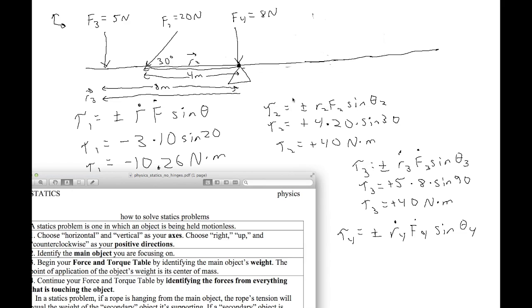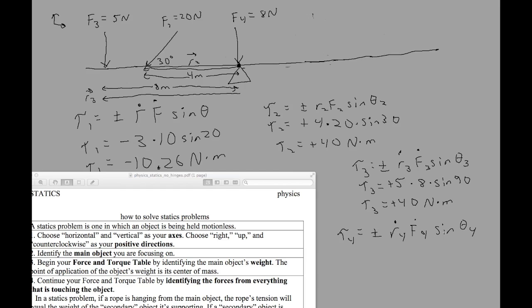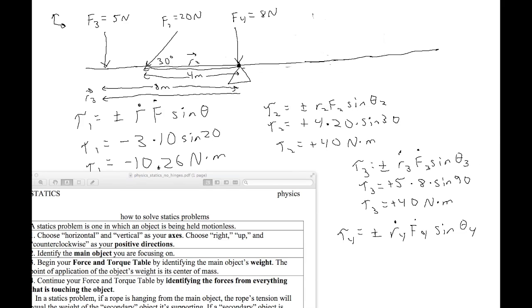So R is 0, and therefore the torque is 0. Right. So it's good that you were aware of that. That's something that can be useful to us when we're doing statics problems. This should just be common sense. Your common sense should tell you that if you pushed right on the pivot, you could not cause any rotation. All right, good. So that was correct.